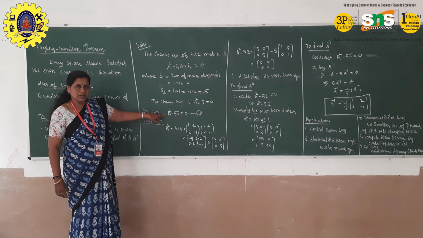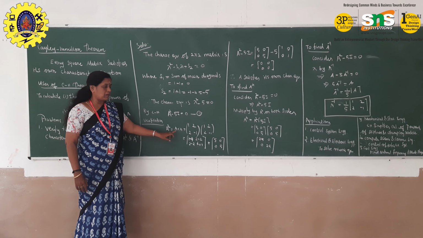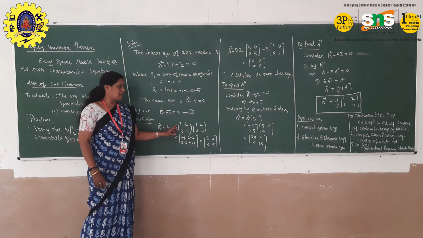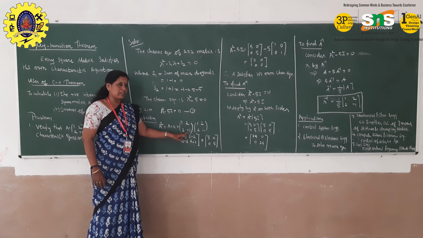Now we are going to find the A square value. A square is nothing but multiplying A into A. The matrix A is 1, 2, 2, minus 1.